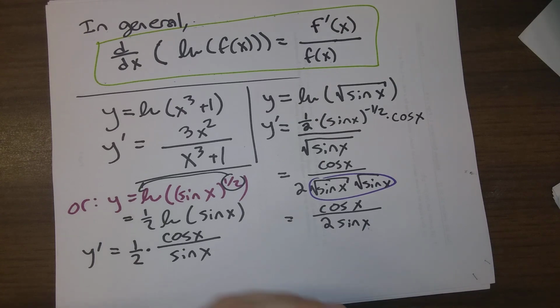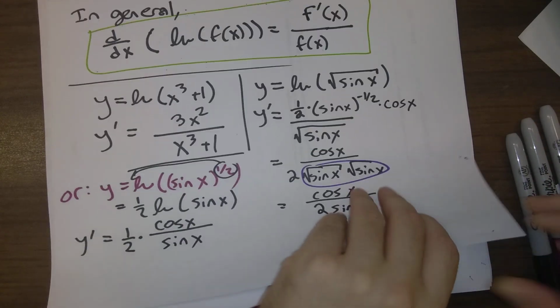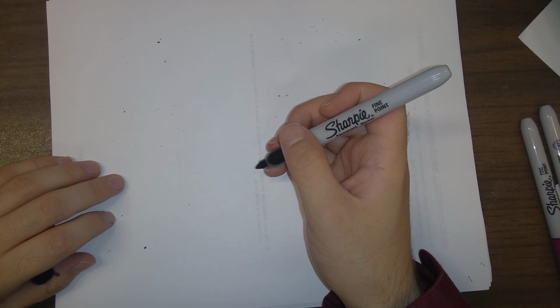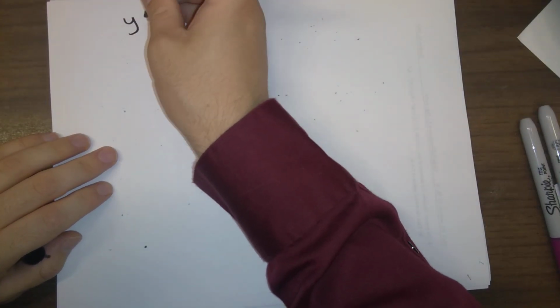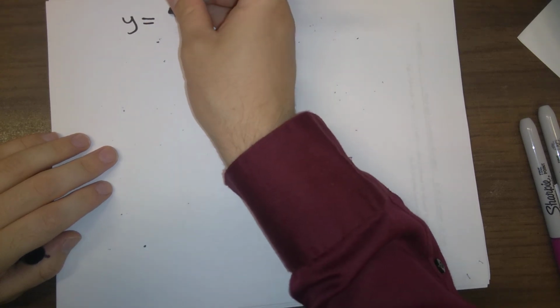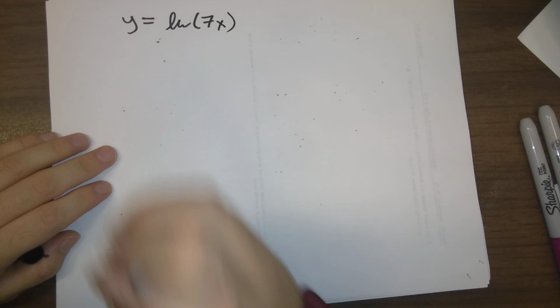Okay, one last example in this section. I think it's worth noting here, just as a little fun example, the answer might be a little bit surprising, but we'll explain why it's the case. Let's think about y is equal to the natural log of 7x.